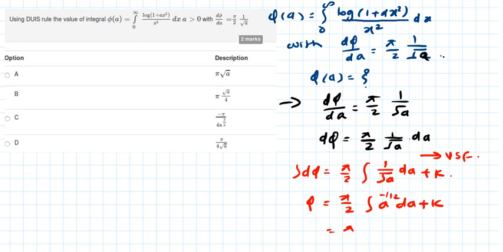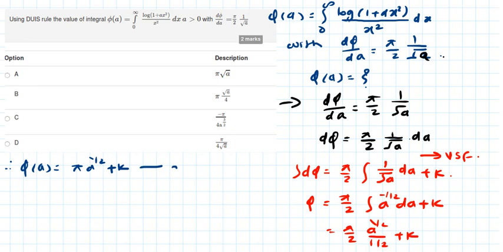So this is pi by 2 a raised to half upon half plus k. Therefore we get the value for phi of a equal to, 2 cancels, pi into a raised to half plus k. So this is our equation number 2, and suppose this is our equation number 1.